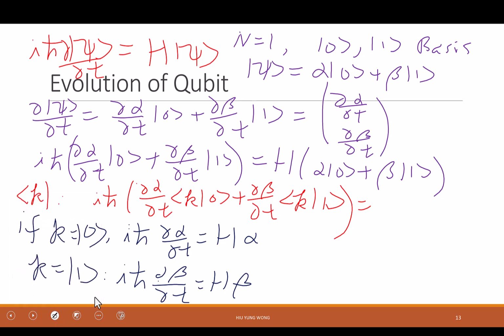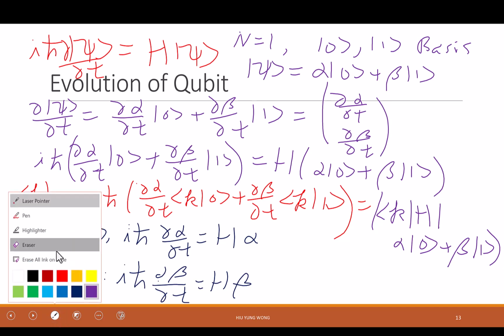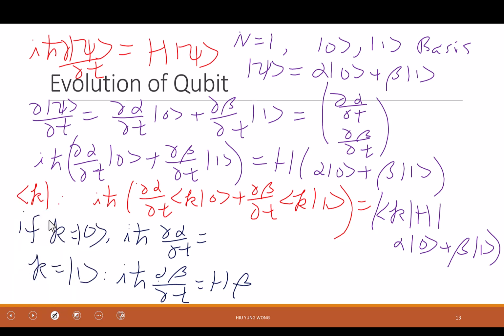Sorry for that. So this needs to be k h and then the whole thing, alpha 0 plus beta 1. Make sense? Do you see what mistake I made? Because h is not a number, I cannot just move it out. And because of this, this part is also wrong, and that's why my result is wrong.